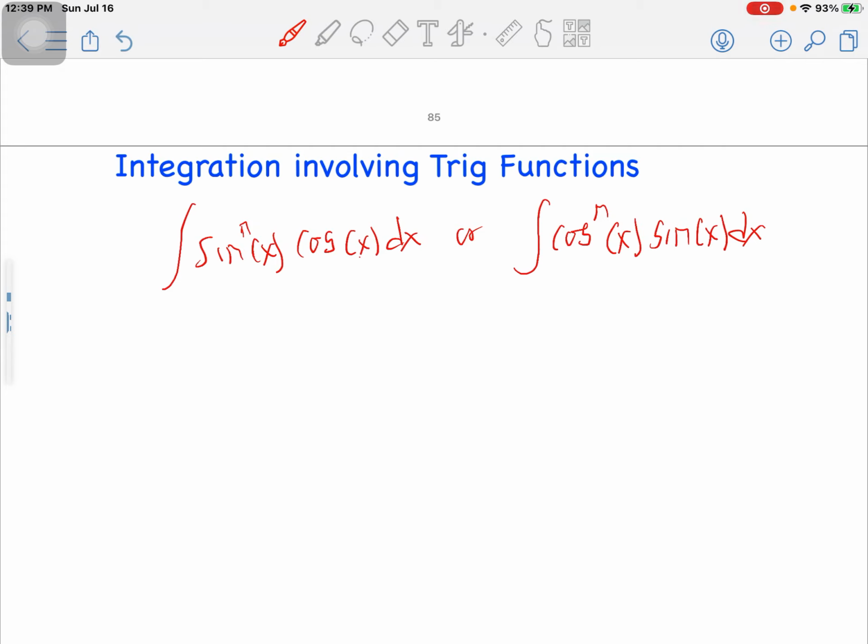So this is one of the strategies that you must use to rewrite them in such a way that you'll be able to compute the integrals.